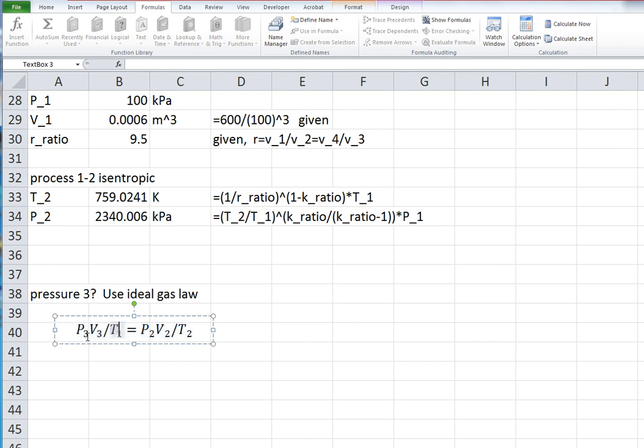So in going from 3 to 2, the volumes are constant, and so we do know pressure 2, and we know temperature 2. If we could somehow find temperature 3, we could find P3.